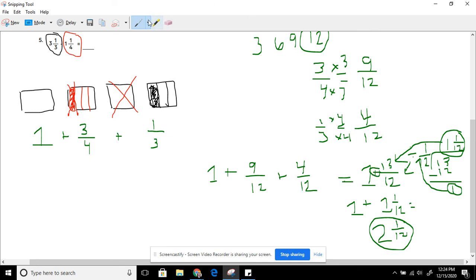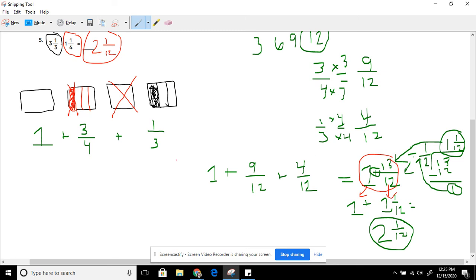It started off as 1 and 13/12, but 13/12 is an improper fraction, so we divided 13 by 12 and got the mixed number 1 and 1/12. We add them together and you get 2 and 1/12. So our final answer is 2 and 1/12.